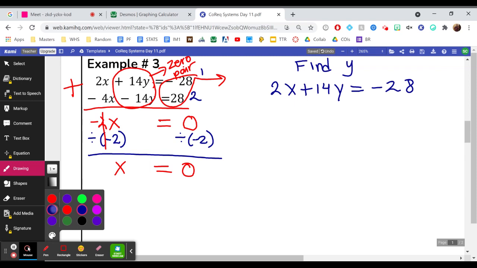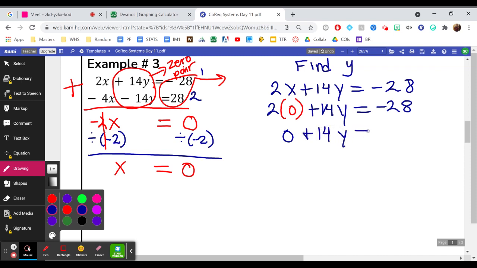I'm going to plug in 0 for x, so 2 parentheses 0 plus 14y is equal to negative 28. 2 times 0 is 0. So I'm going to put it in there just to show you that it means nothing. 0 plus 14y, well, we're not adding anything, so it's just 14y is equal to negative 28.